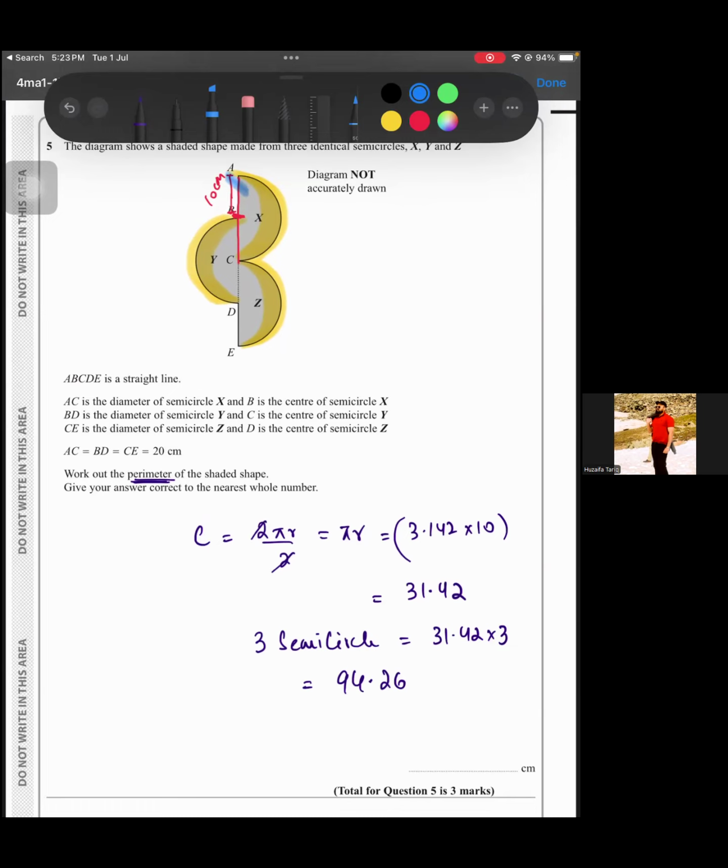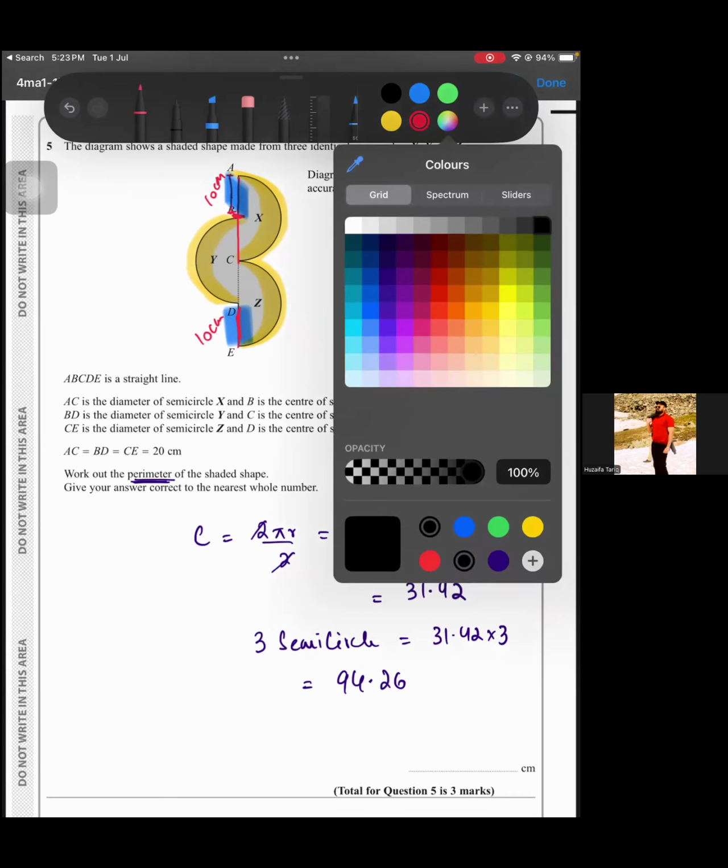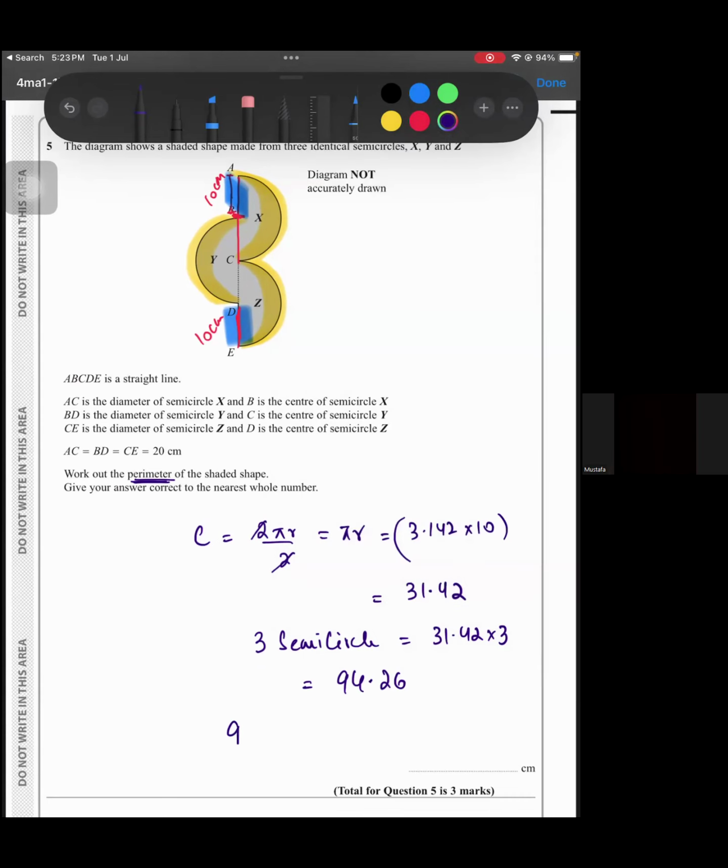The outer surfaces include this line and this line only, not the inside values. So this 10 plus 10 will also be added in the final answer for the perimeter. So it will be 94.26 plus 10 plus 10, which is 114.26. They ask you to write the answer as a whole number, so 114 will be the final answer.